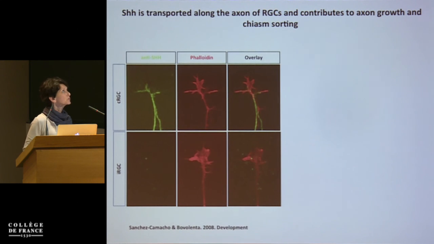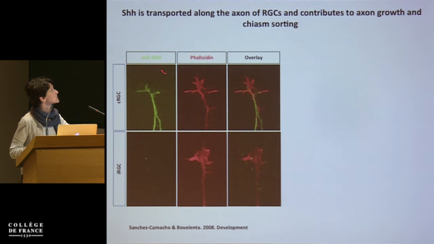But as I said before, retinal ganglion cells themselves express sonic, and sonic hedgehog is transported along the axons and the growth cone, as shown in here in tissue culture of contralateral projecting or ipsilateral projecting cells, you can see that cells that produce sonic hedgehog have plenty of sonic moving along the axon and in the growth cone.